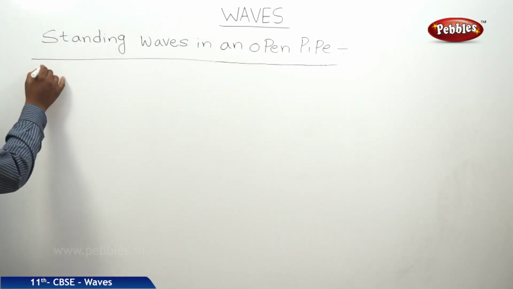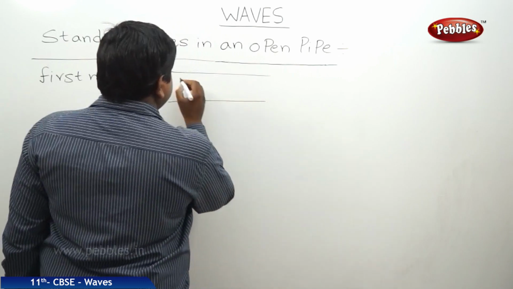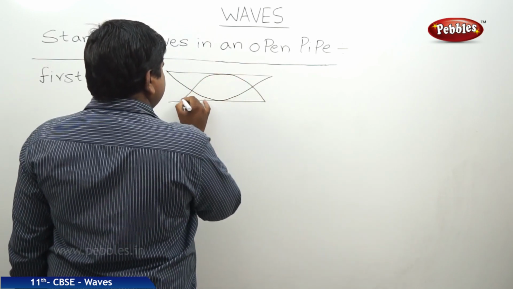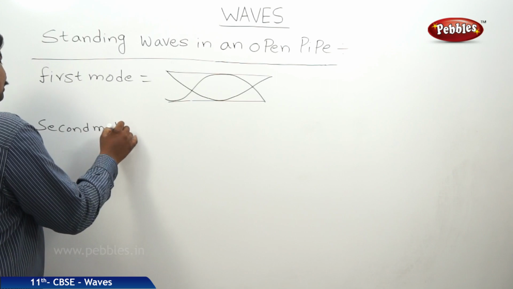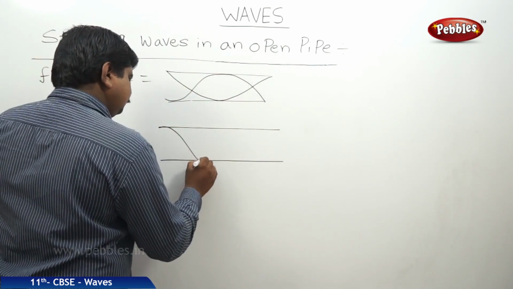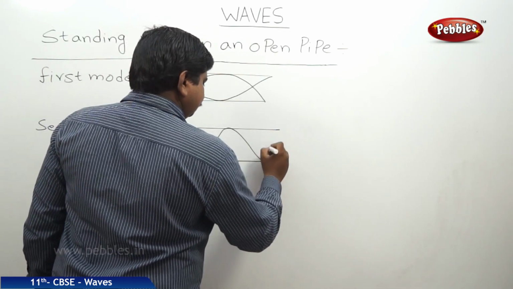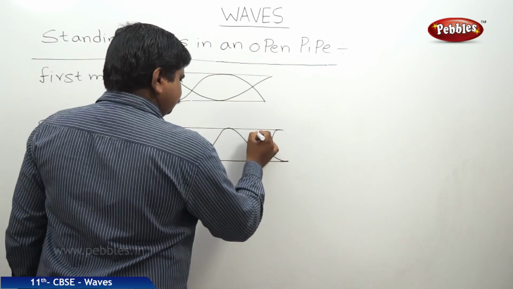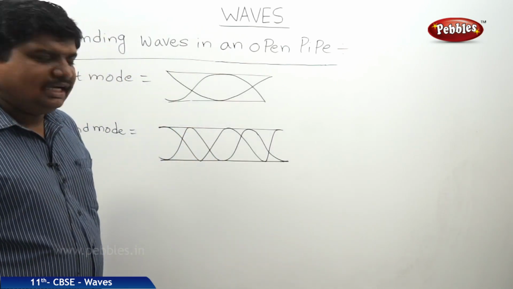So the graphs for the different modes of vibrations: the first mode is like this. Second mode, which contains only 2 loops.